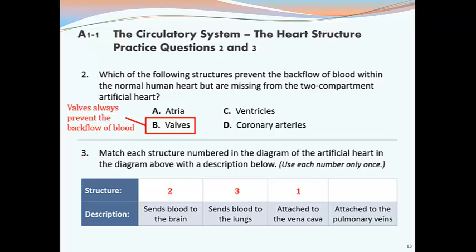Well, once again, number 1 would be deoxygenated blood coming into the heart. So that would have to be attached to our vena cava. The vena cava is bringing deoxygenated blood to the heart to get pumped through. And finally, the last one, attached to the pulmonary veins. The pulmonary veins are the ones that are bringing in oxygenated blood.